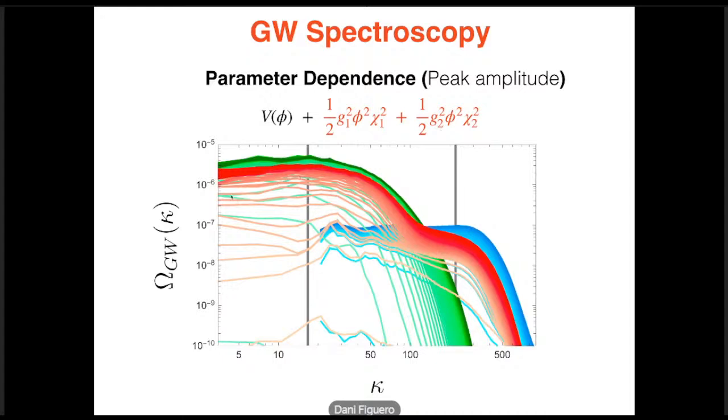The spectrum now inherits the structure of the original single daughter field peaks, such that the amplitude of the peaks is not as high as before, because due to energy conservation, you cannot pump the same amount of energy, but the position of the peaks is in the same original location, because this is dictated by the physics of parametric resonance of each species. So essentially, this is what you get.